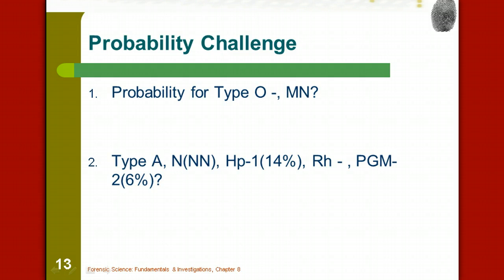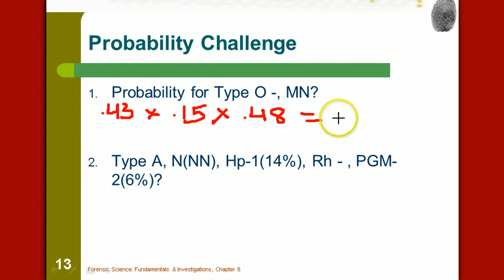So for the first problem, I'm going to try and draw on here, so bear with me. The probability for getting type O is 43%. So I have to take 0.43, and the probability for getting type negative is 15%. So then I have to take 0.15, and then the probability of being MN is 48%. So I have to take all of that times 0.48, and I get an answer that is 0.03096.